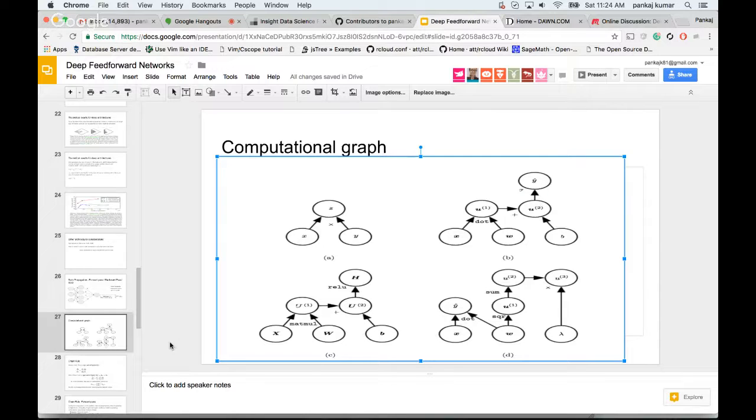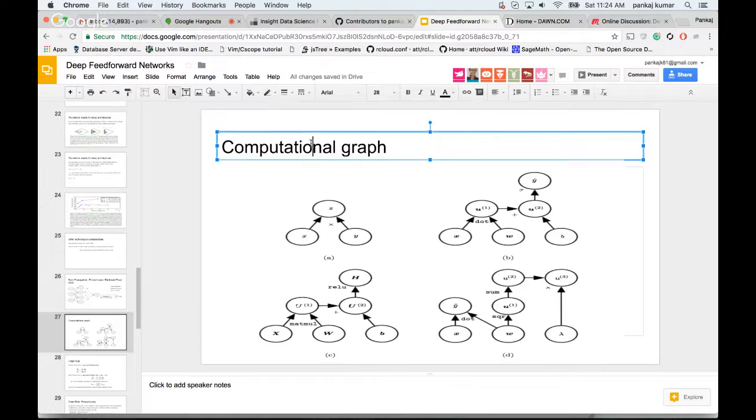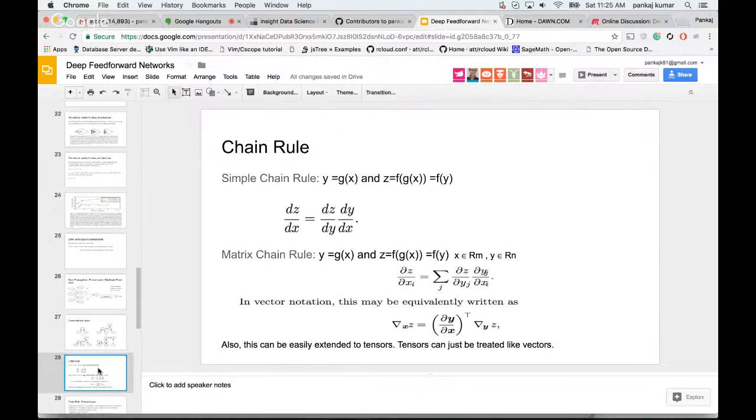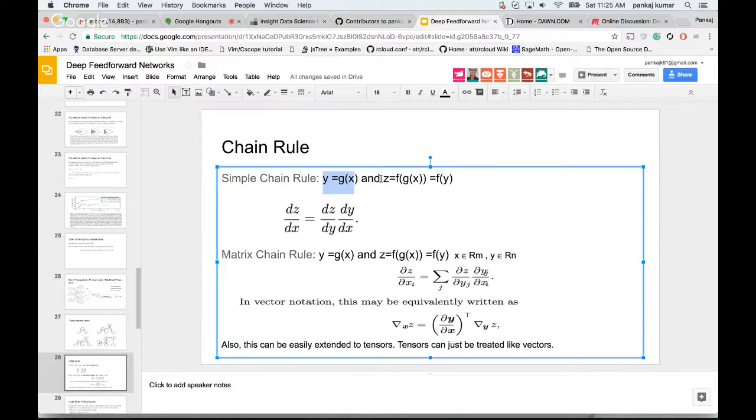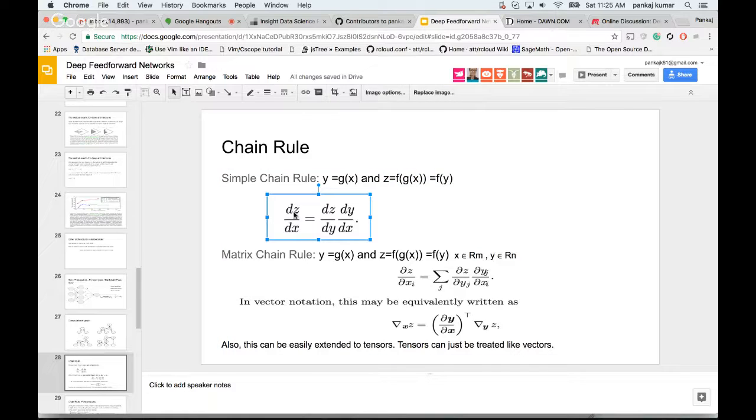This is how they represent computational graphs in the book, and it will come in handy in later slides. Also, the chain rule. If y is equal to g(x), and z is equal to f(y), and suppose these are all continuous and differentiable, then dz/dx can be written as dz/dy multiplied by dy/dx.